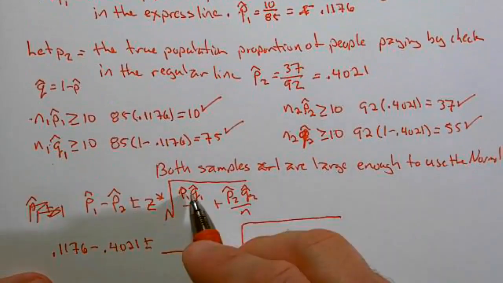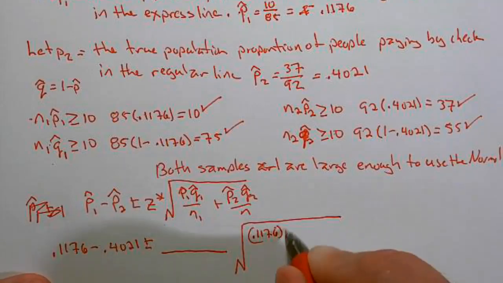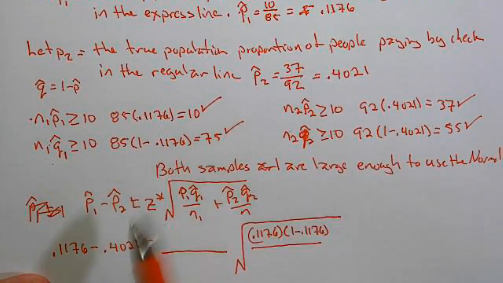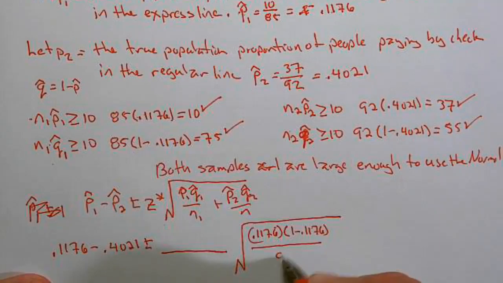P hat 1 Q hat 1 over N1 is 0.1176 times 1 minus 0.1176 over N1, and our sample size was 85 for the first one.